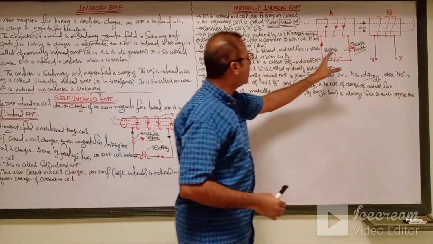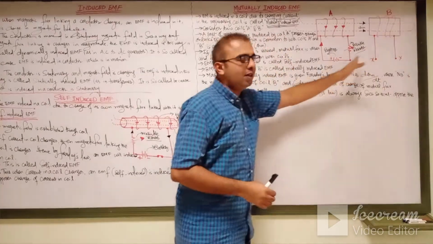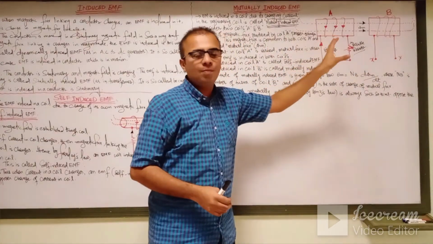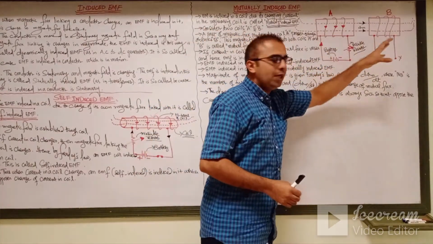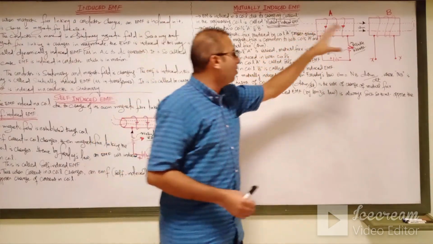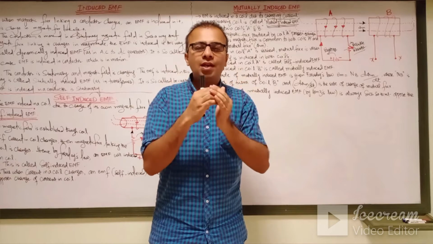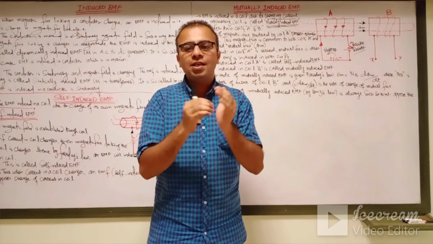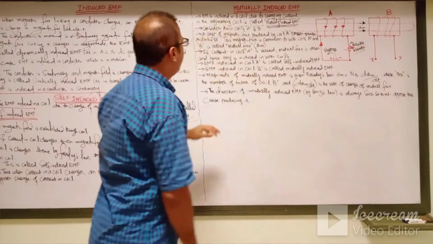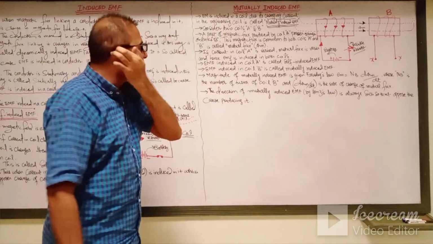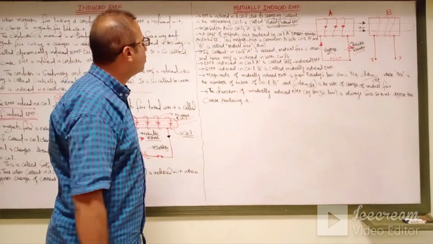The transformer has a primary winding and a secondary winding. The primary winding is energized from the AC supply, and induced EMF is produced on the secondary side. Between these two windings there is no electrical connection, but they are magnetically coupled to each other.